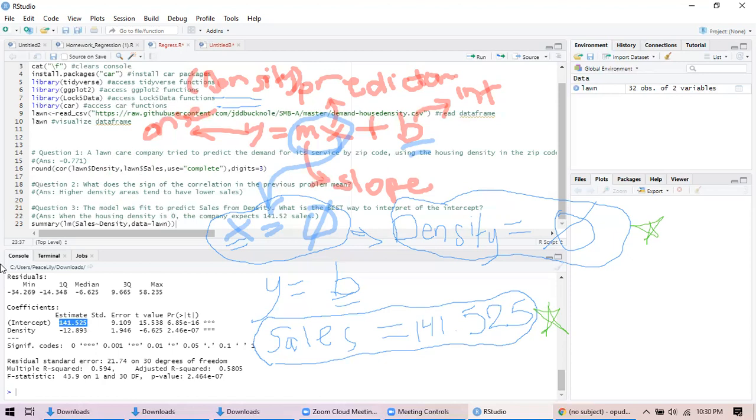That's the intercept, which is also y. Because the intercept means y equals b and x equals 0. That's just the definition.